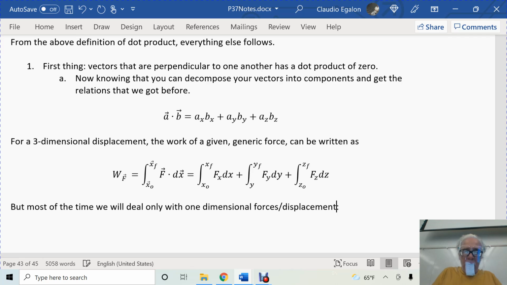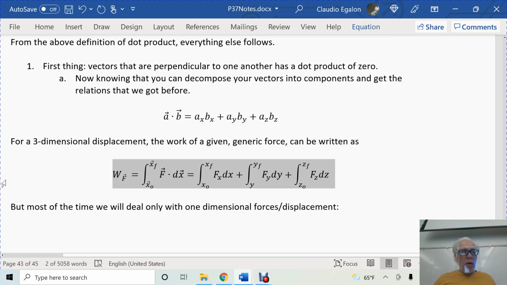Work is dependent not just on the displacement, but on the force as well. You can have a two-dimensional displacement, but just a one-dimensional force. Okay? So here we go for one-dimensional force.